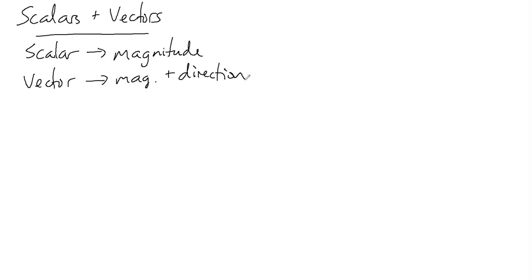Now, when you start looking at some classic things in terms of scalar quantities, you've got things like time is a scalar quantity. You've got things like mass is a scalar quantity, density. There's a whole bunch of different things. These are all quantities that don't have any direction associated with them.